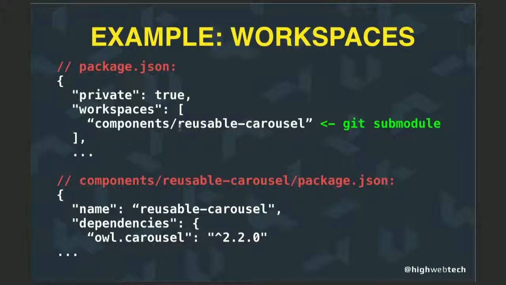You need to update the version, and then you need to reinstall this component in your project, to the latest version. And this is really a pain if you work with separate projects and are trying to share the same component. And Workspaces work really well here. And on the bottom you can see just a definition of this separate component. It's nothing special here, it's a standard Yarn package.